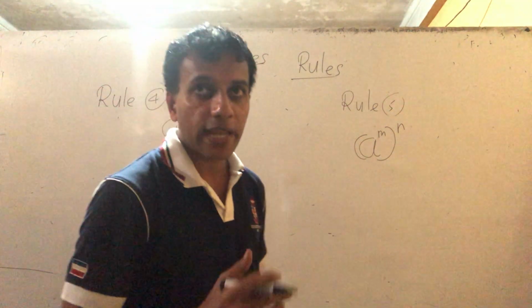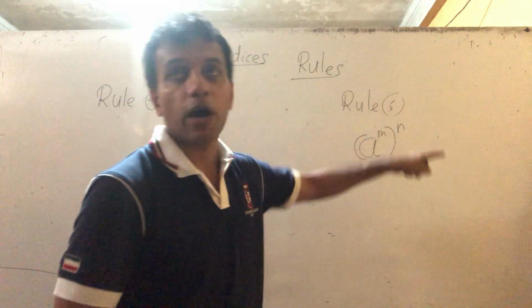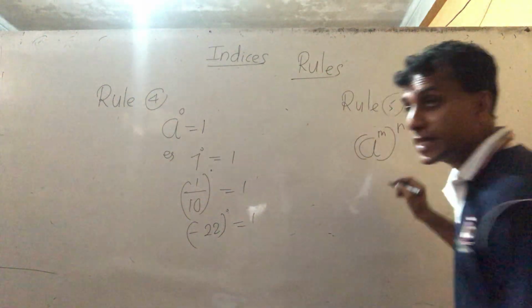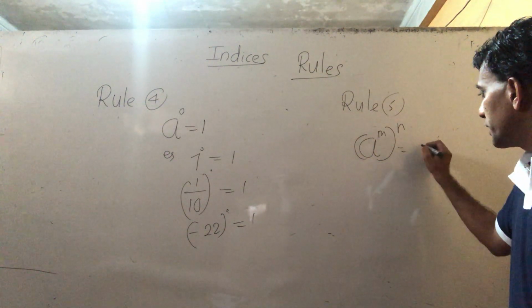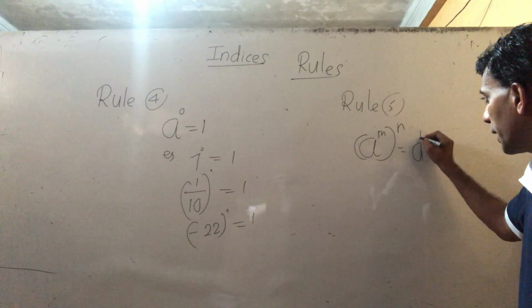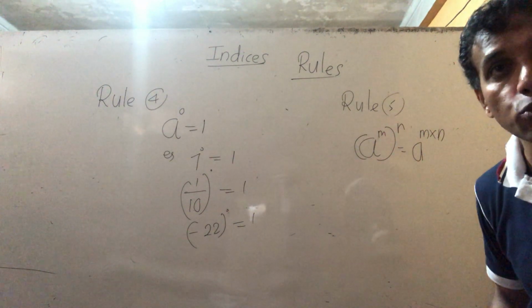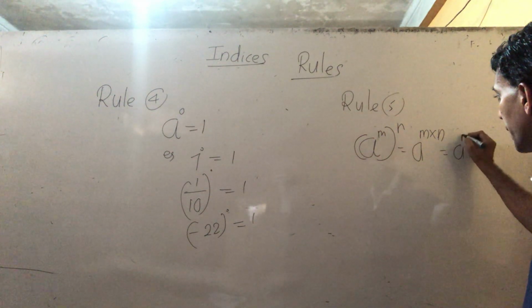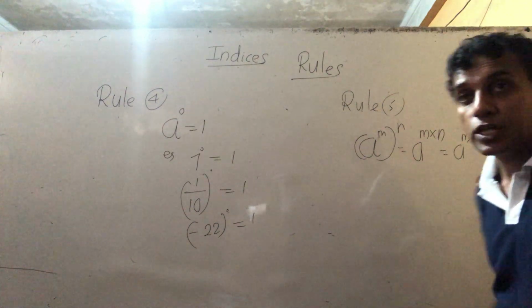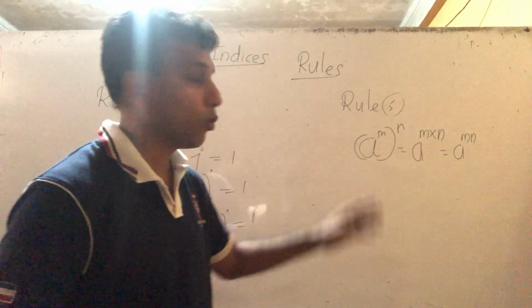I pronounce this as power of a power, right? Therefore the answer is, you multiply these two powers: a to the power m times n, a to the power mn. Power of a power rule, multiply both powers.